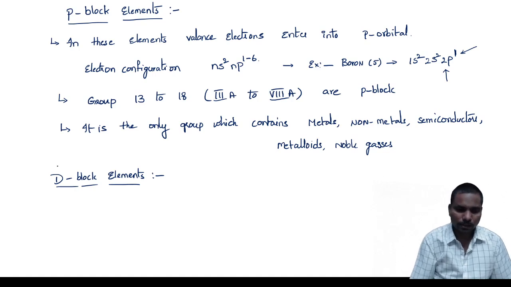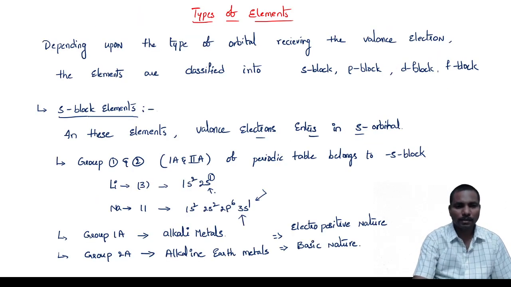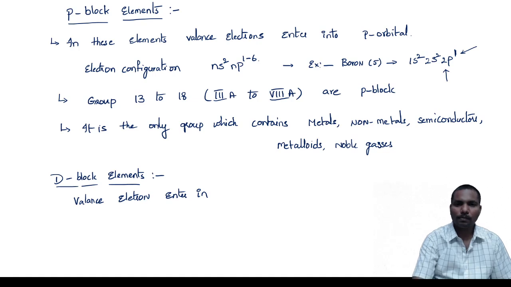In the same way, for d block elements, note down the point. Valency electrons, same as previously: in the s block they enter the s orbital, in the p block the p orbital, and in the d block they enter the d orbital.